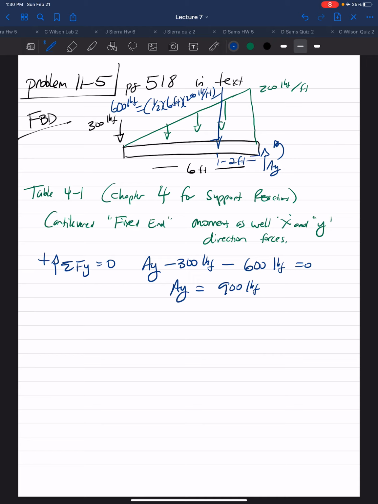And your moment here, let's say moment at A. Your moment at A, we'll say it's equal to your 300-pound force times the perpendicular distance, which is 6 feet, plus the 600-pound force times your 2 feet equals 0.